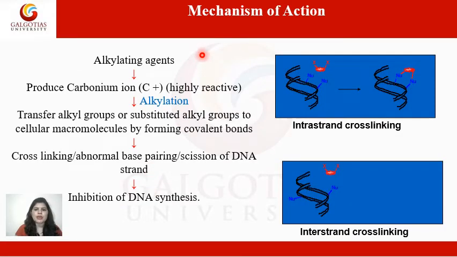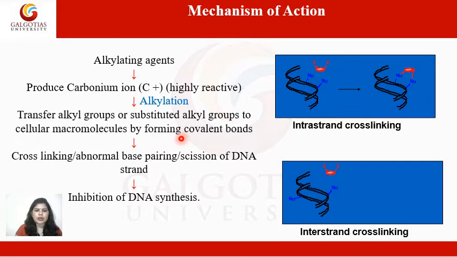Mechanism of action of alkylating agents. Alkylating agents produce carbonium ions that are highly reactive. When alkylation is done, they transfer the alkyl group to cellular macromolecules by forming covalent bonds.